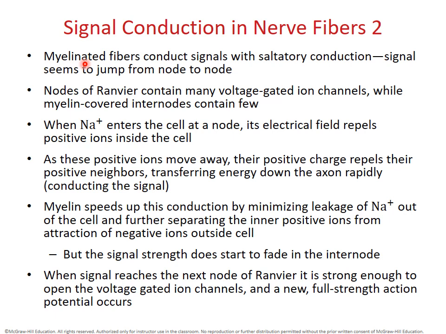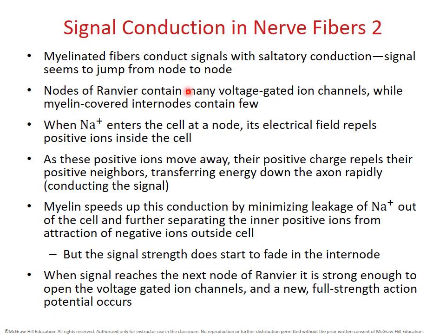Ions, sodium and potassium ions, cannot flow quickly into and out of the axon if it's covered with all this myelinated membrane. So the only place where action potentials can occur is where the axon membrane is exposed to the environment, and that, recall, is in the tiny little gaps between the adjacent Schwann cells or oligodendrocyte arms known as the nodes of Ranvier. The nodes of Ranvier, of course, contain many voltage-gated ion channels and are capable of experiencing action potentials.